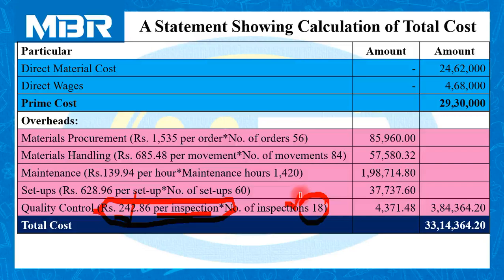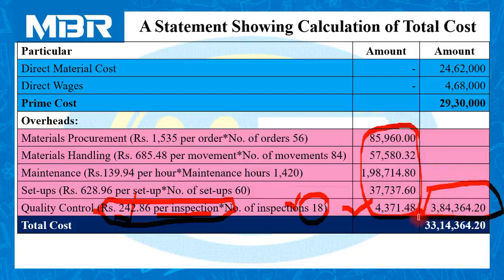So total cost of quality control transferred to this project, 242.86 multiplied by 18 is equal to 4,371.48.